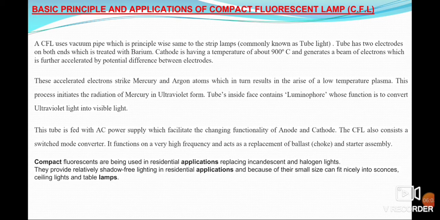It functions on a very high frequency and acts as a replacement of ballast, that is the choke and starter assembly. The compact fluorescent lamps are being used in residential applications, replacing incandescent and halogen lights. They provide relatively shadow-free lighting in residential applications, and because of their small size, they can fit nicely into sconces, ceiling lights and table lamps.